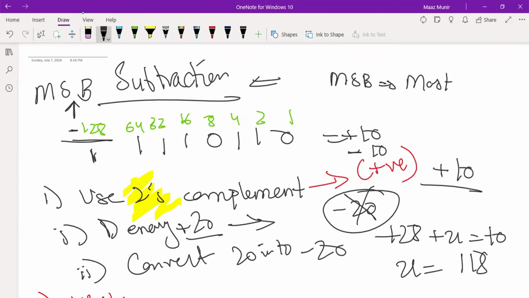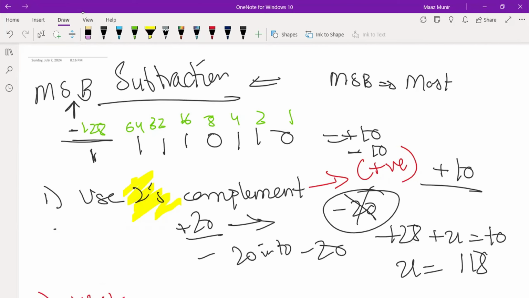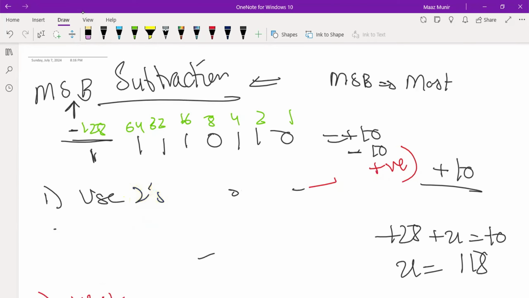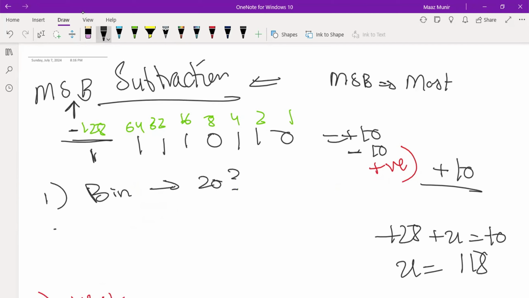Okay. There is also one other similar question which you usually get tested on. In the first part, they ask, what's the binary value of 20? You give the answer as, let's say, 11001100.